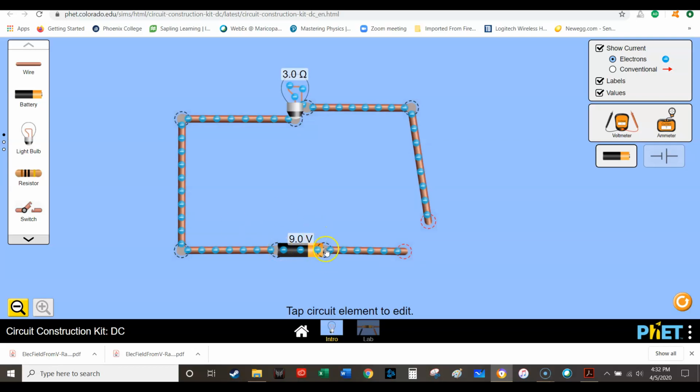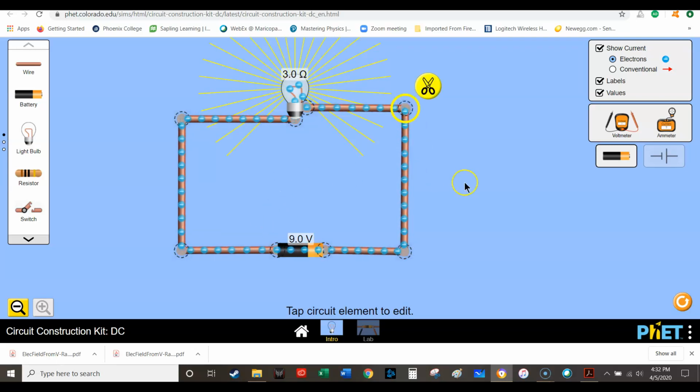Over here you could think of this as having a bunch of positives, and electrons are attracted to the positives. So the electrons in the wire get pushed away from the negatives, then they get pulled towards the positives over here.